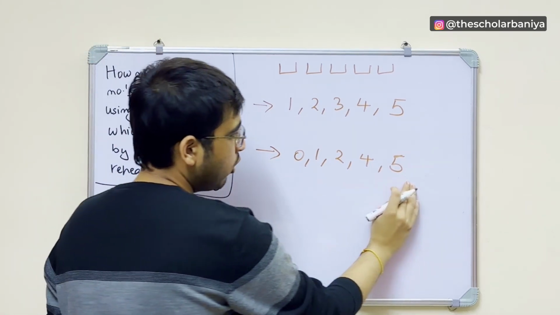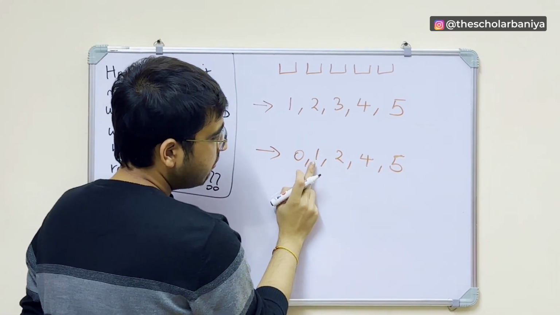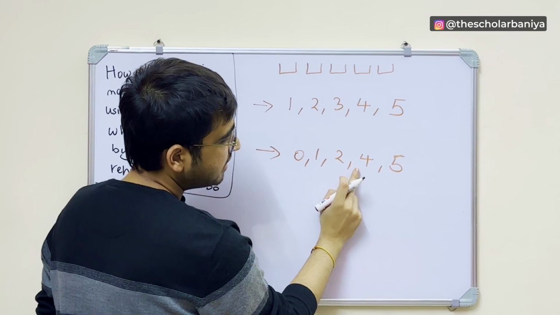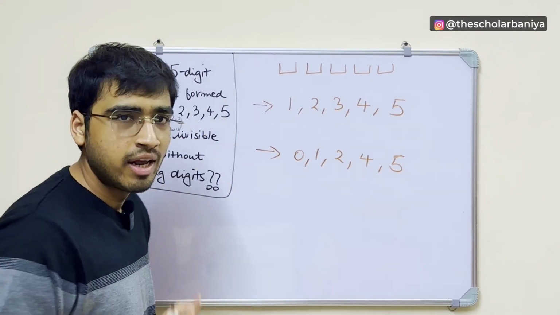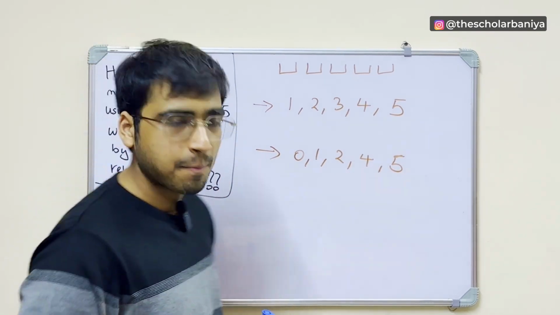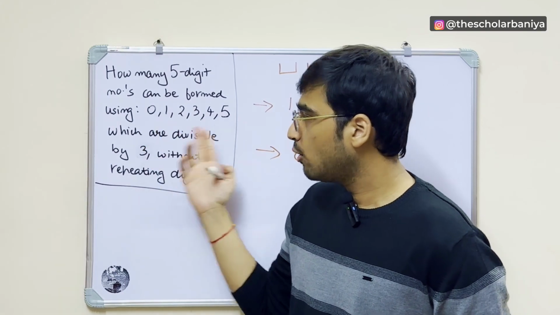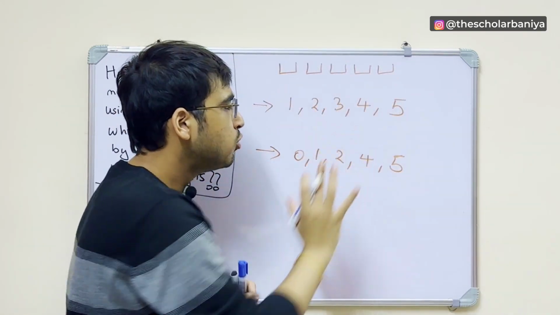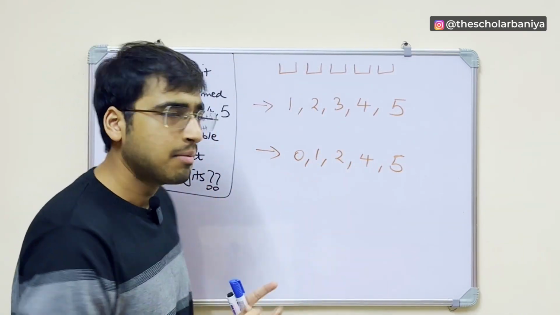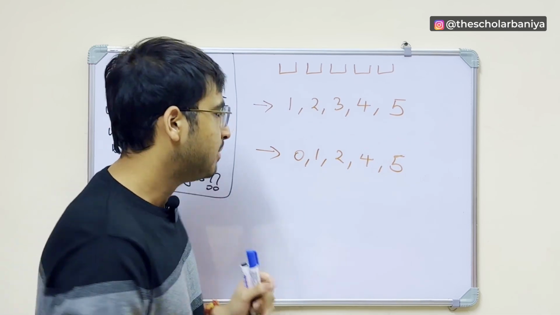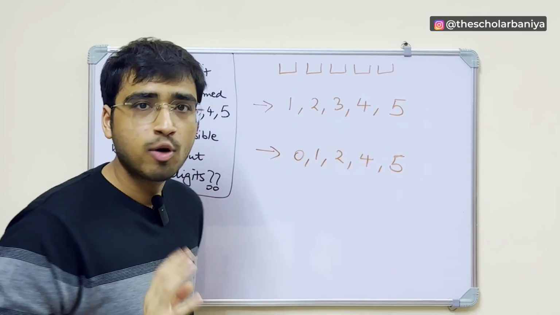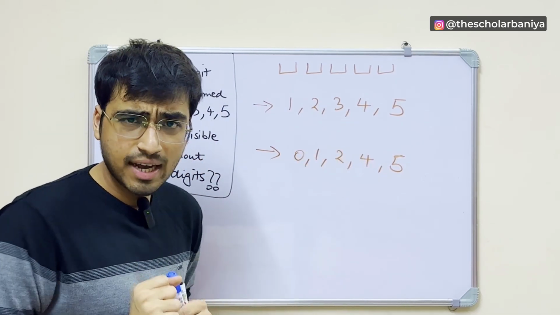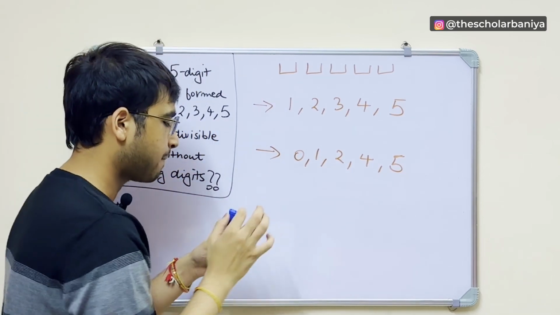Now if you add all of these: 0 plus 1, 1, 1 plus 2, 3, 3 plus 4, 7, 7 plus 5, 12, and 12 is divisible by 3, right? So if you keep on looking, these are the two possible cases where the sum will be divisible by 3. That means these are the only two possible cases. I hope this is very clear, right?